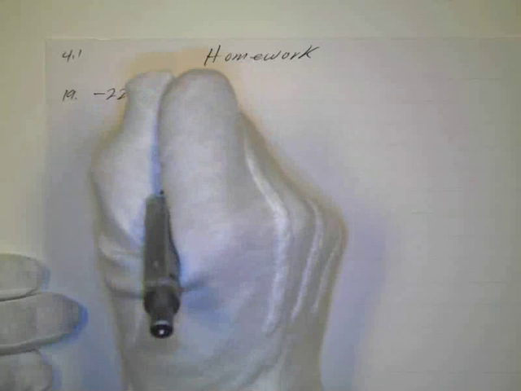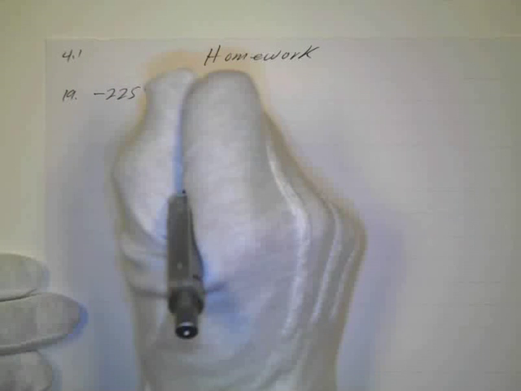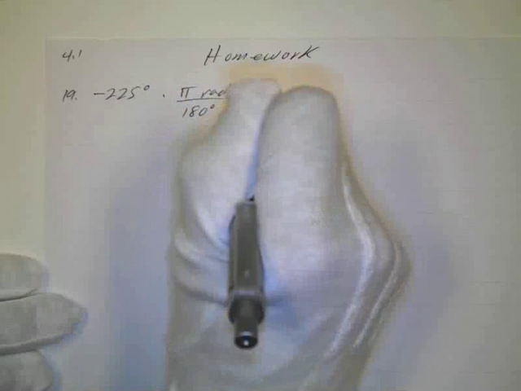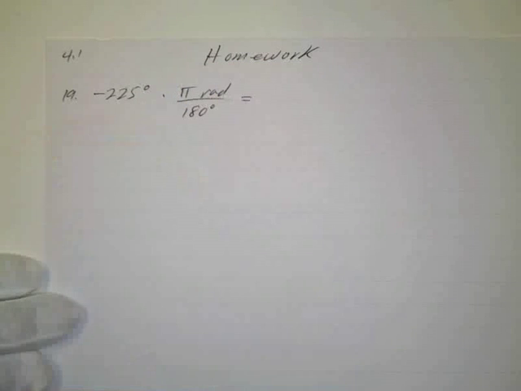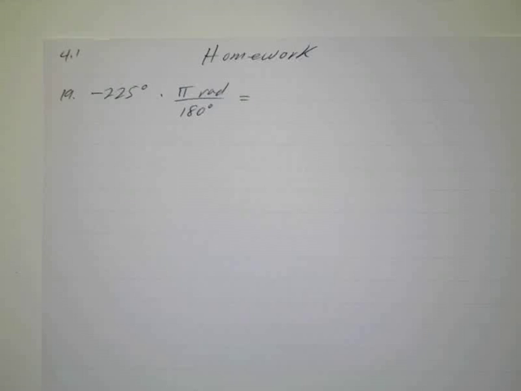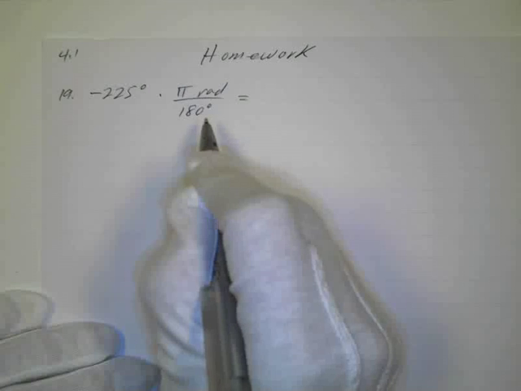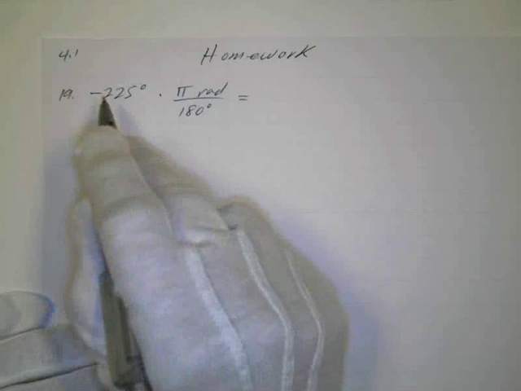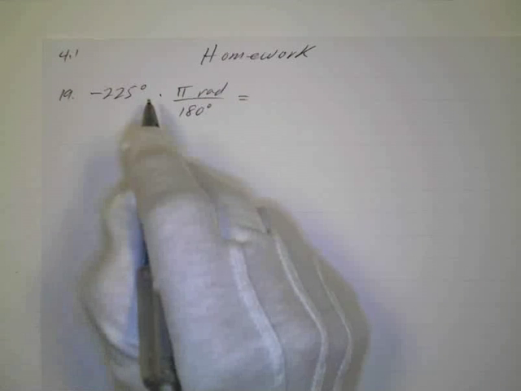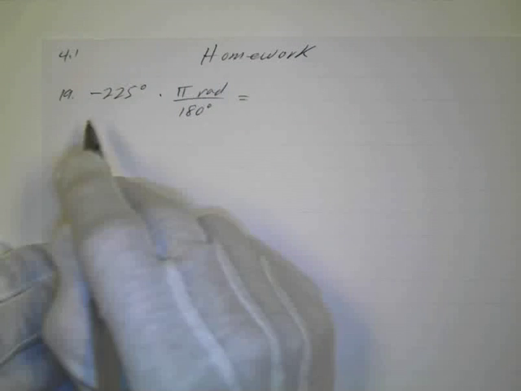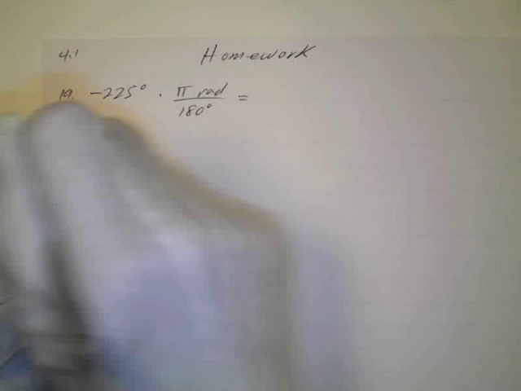negative 225 degrees, negative 225 degrees times pi radians per 180 degrees. And 45 and 45 is 90, 90 is 180, and 180 plus 45 is 225, so actually 45 goes into 225 5 times. You could check that with a calculator.